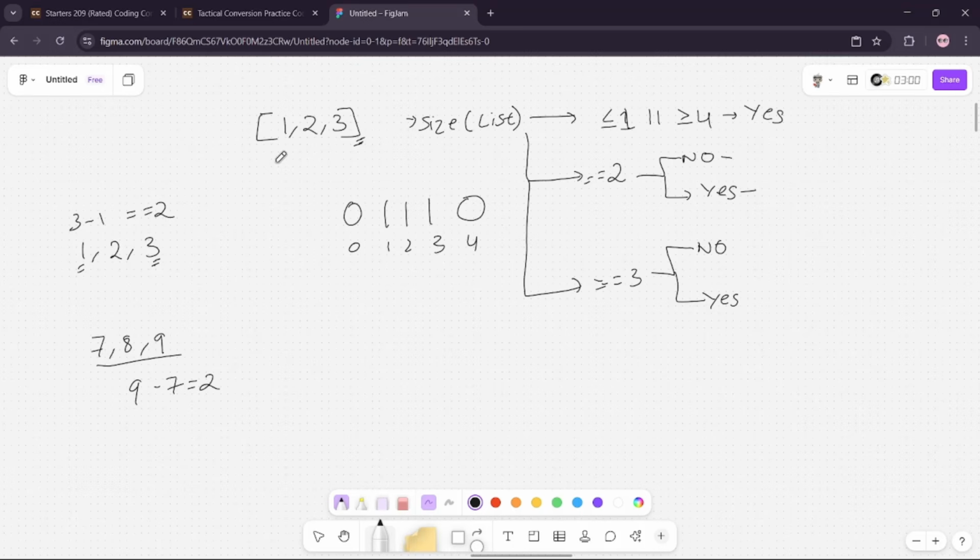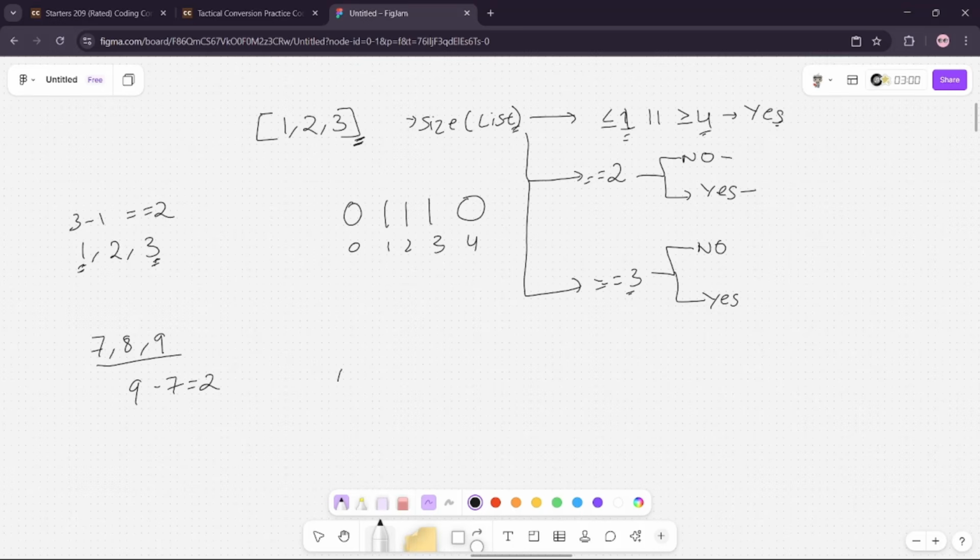So once after storing all the indexes inside the list, we are going to check the size of the list. If the size of the list is less than or equal to 1 or greater than or equal to 4, the answer is always yes. But in case the size is double equal to 3, we are going to find the difference between the last index and the first index. And how do we get the last index and first index? We know that the size of the list is fixed as 3.